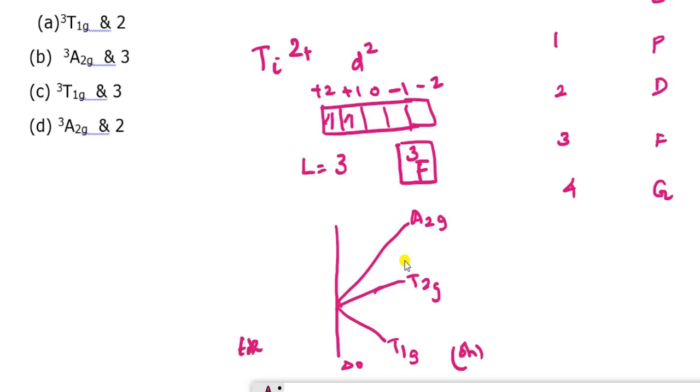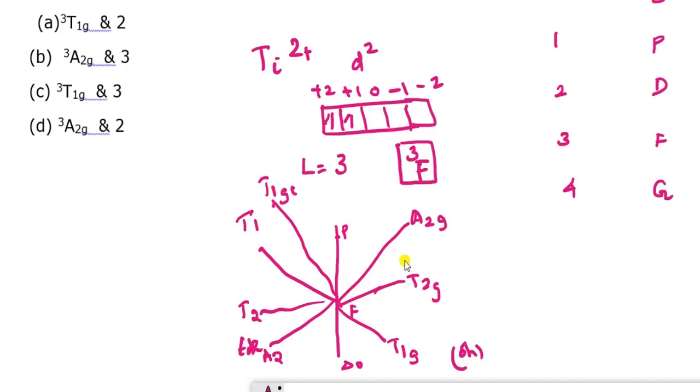And on the tetrahedral side, it is reversed: T1 and A2, and this is your T2. T2 and T1 always come together. And one more, there is a P term. Here it is the F term, and the P term is opposite to this one. So this is T1, so for P, T1g of the P. But here it is a crossover. It is T1g of the P. So this is the representation of the F term.